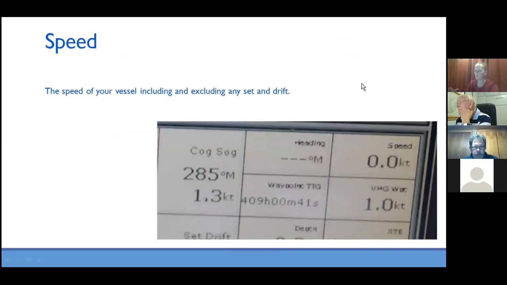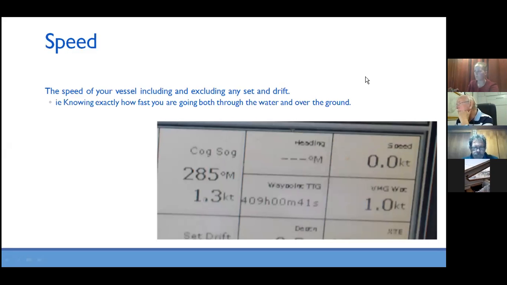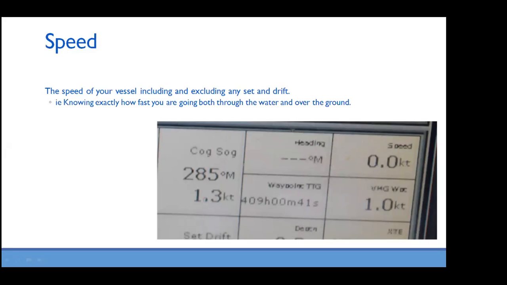Speed has a similar thing. The speed of your vessel, including any set and drift. So you've got a speed and you've got a speed over ground, SOG. Course over ground, COG, you see it here. Speed over ground, SOG. Very similar. That is, knowing exactly how fast you're going both through the water and over the ground.